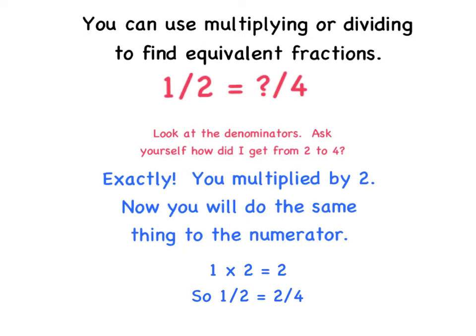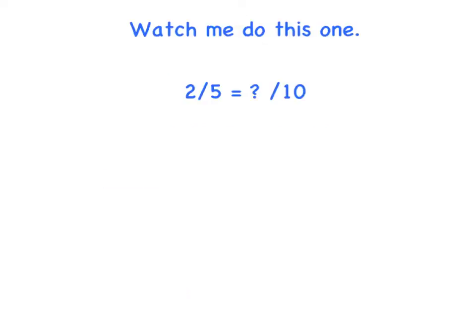And I know that may seem confusing, but let's write some down and try it. Okay, watch me do this one. I'm going to put my numbers in a column, and I'm going to put my 2/5 is equivalent to some number of tenths. Now I need to ask myself, how am I getting from 5 to 10?